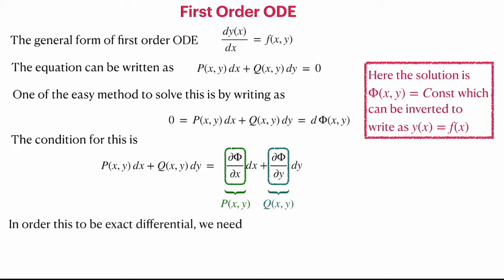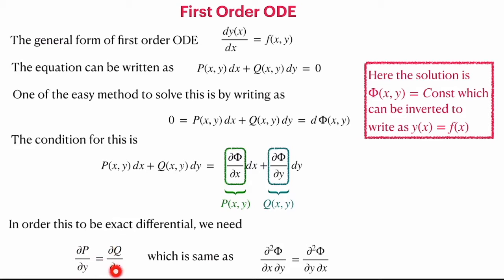Once we do that, we can impose the condition for exact differential, and that can be written as dp by dy is equal to dq by dx, which is the same as writing d square phi by dx dy equal to d square phi by dy dx. So once we do that, we solve the equation d of phi of x, y equals 0, and then we obtain the solution phi is equal to constant.